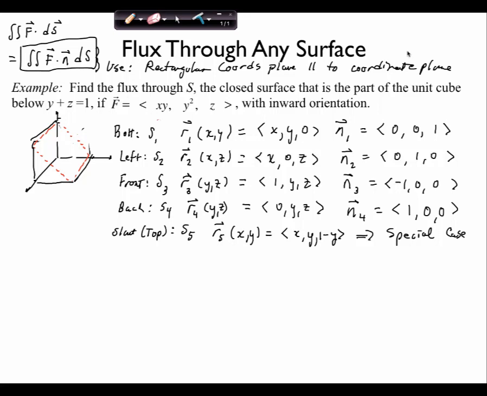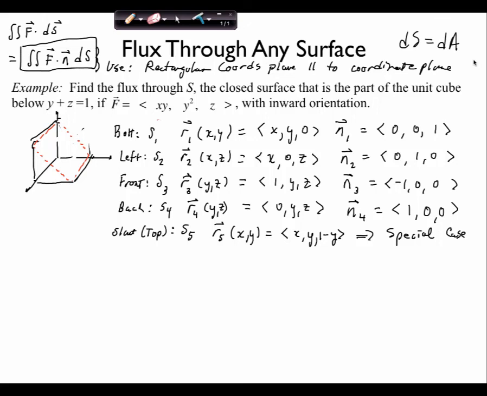So in that case, dS equals dA. Those first 4 should be really fast. And in the 5th one, you're doing the special case, that thing we derived when you're parameterizing in x and y.